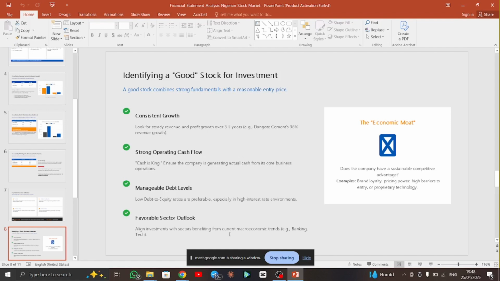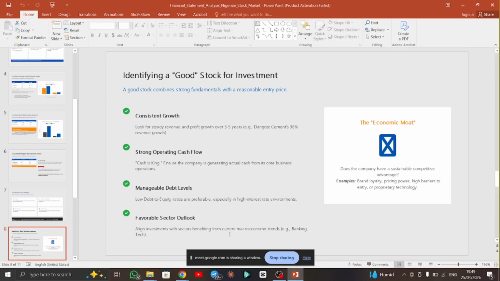What's their cash flow like? Are they investing? What's their debt ratio? Are they owing debt? All these things, you see in their financial statements. How were they able to manage their debt? Do they have assets? Which sector is this company under? Right? So these are the things that you need to look out for.